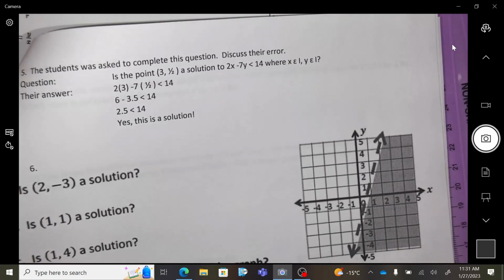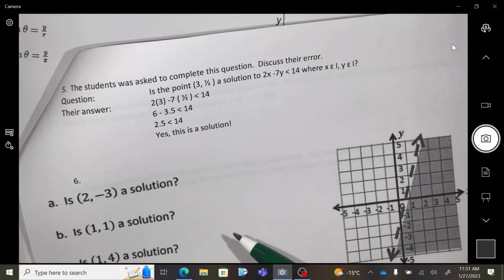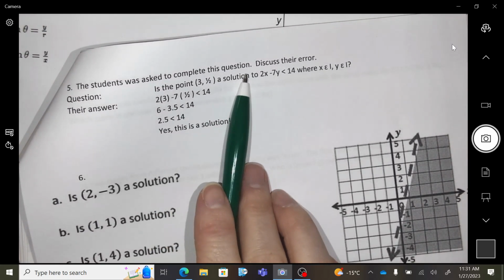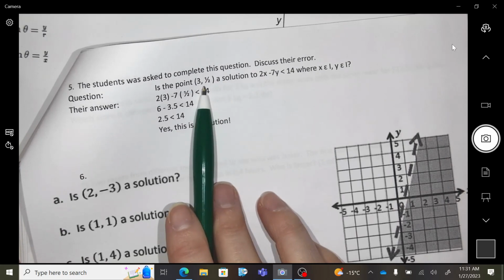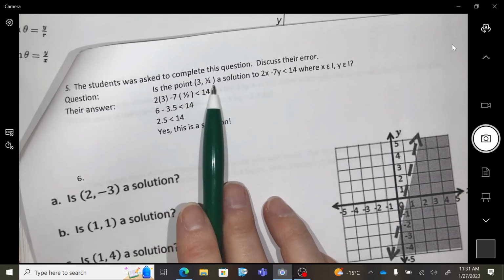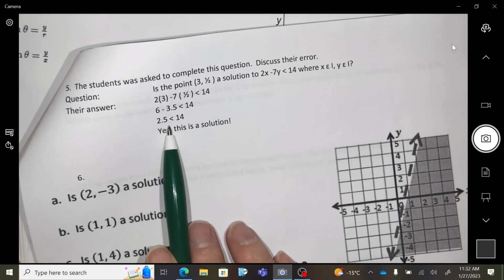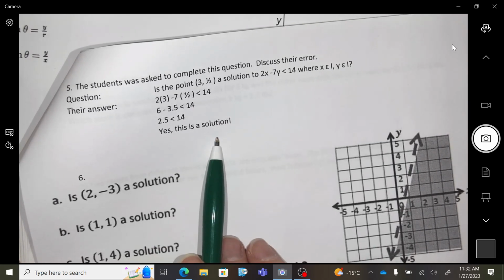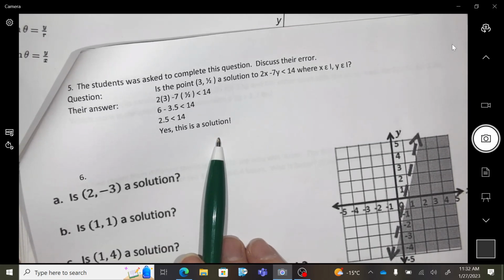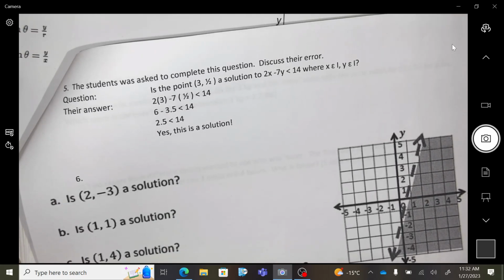Okay? So I asked a student to say, is this a solution? And they did what they were supposed to, where they took it and plugged it in, and then they got that, and then they said, yes, it is a solution. But it's not. So why is it not, even though they did all the work, the math right?